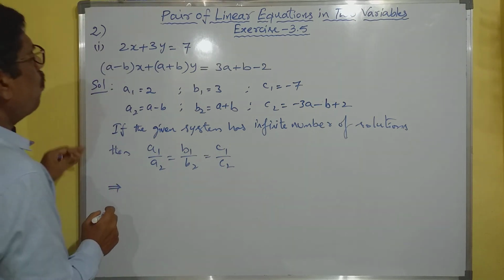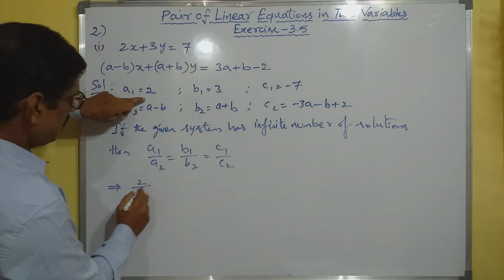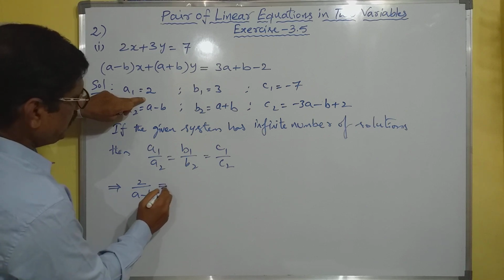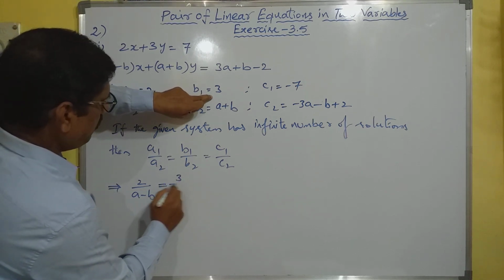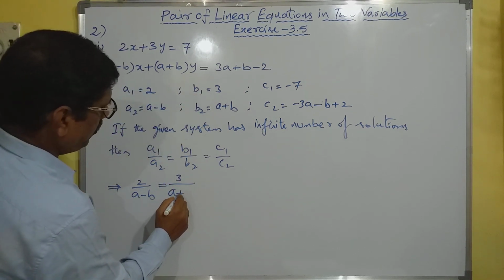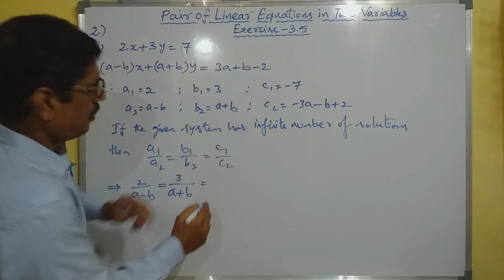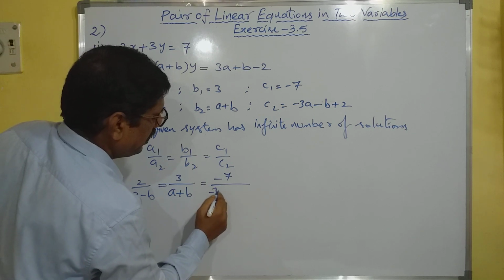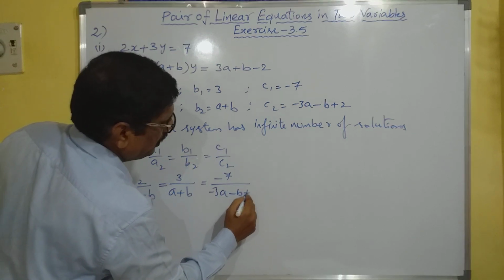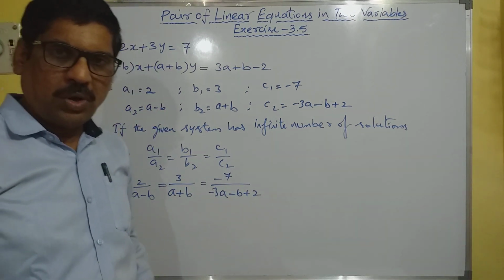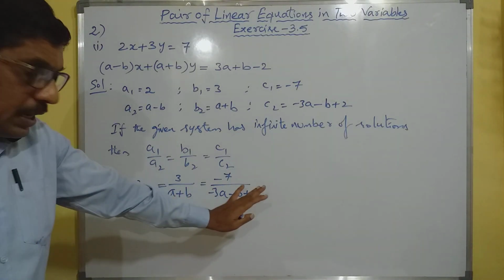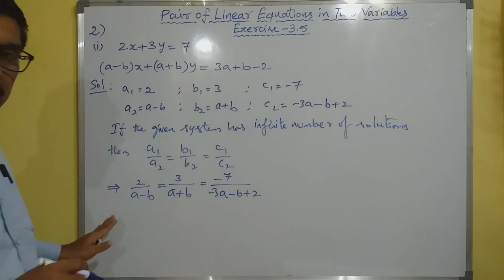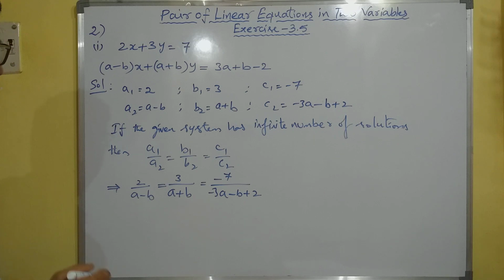This implies what is a1 by a2? 2 by A minus B is equal to 3 by A plus B is equal to minus 7 by minus 3A minus B plus 2. Okay, so let us solve this equality to find the values of A and B.